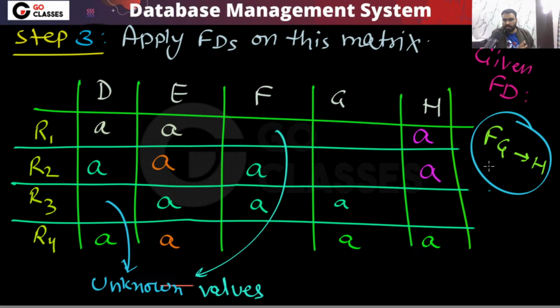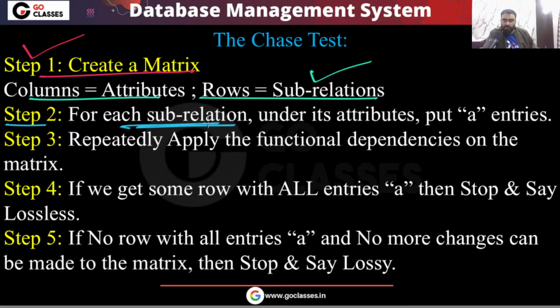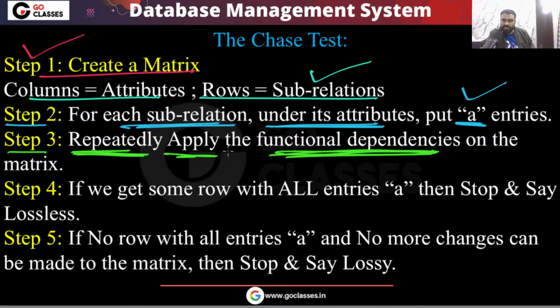Understood? Let me know. So this is how you can apply the chase test. Remember step number 1: create the matrix where the columns are the attributes and the rows are the subrelations. Step number 2: for every subrelation under its attribute you put A entries. Step number 3: repeatedly apply the functional dependencies in the matrix.